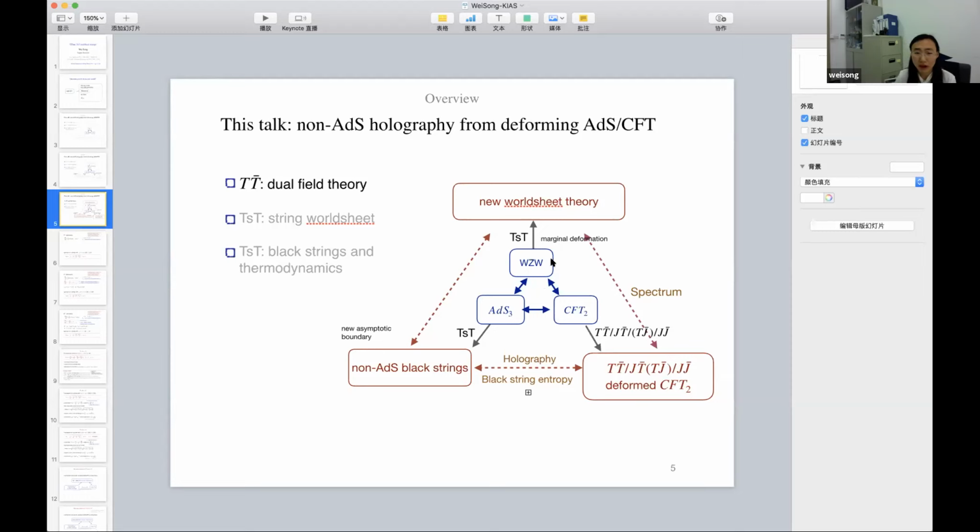And on the worldsheet, I will do a marginal deformation that would lead to a new string background. And the geometry will also be deformed, and it will be a new black string background, which is not asymptotically AdS3. Okay, so that's the plan. I will first talk about the TTbar deformation.